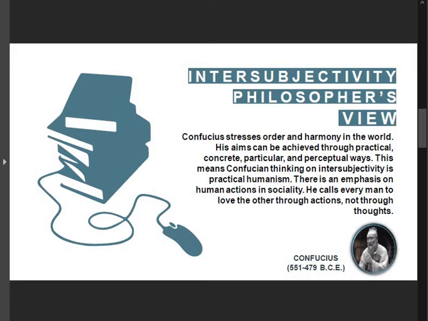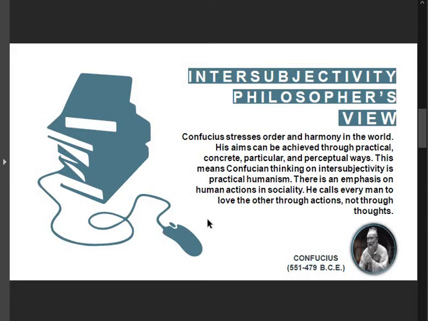Okay, so according to Confucius, on intersubjectivity, let me just read the definition. Confucius stresses order and harmony in the world. His aims can be achieved through practical, concrete, particular, and perceptual ways.